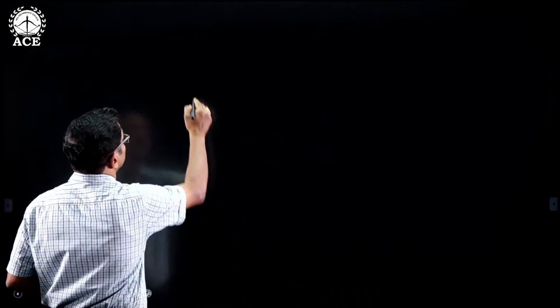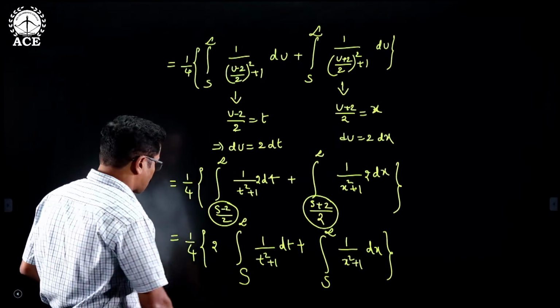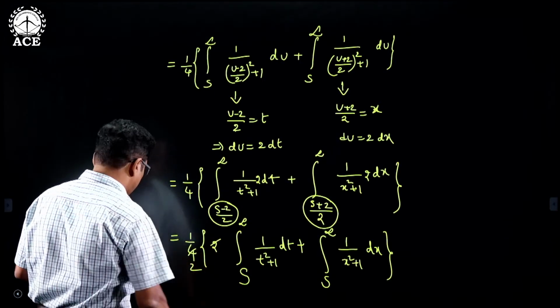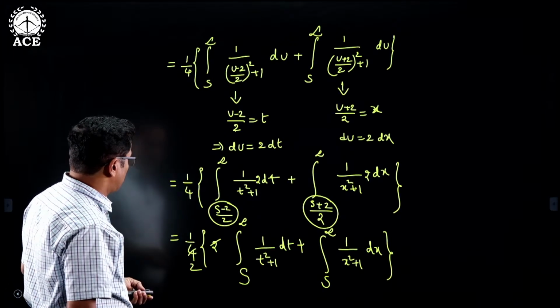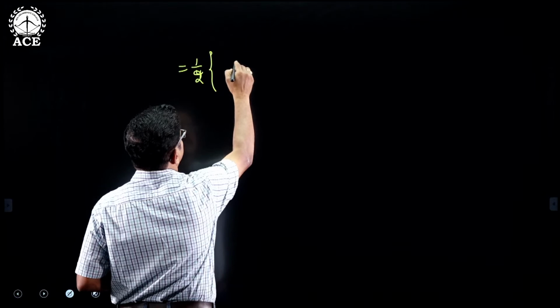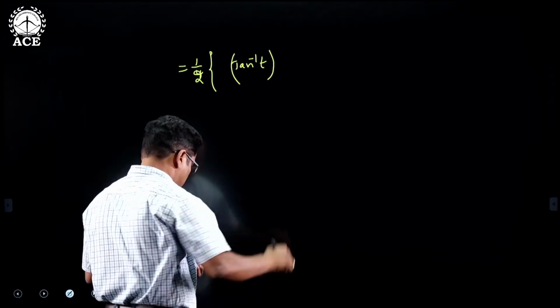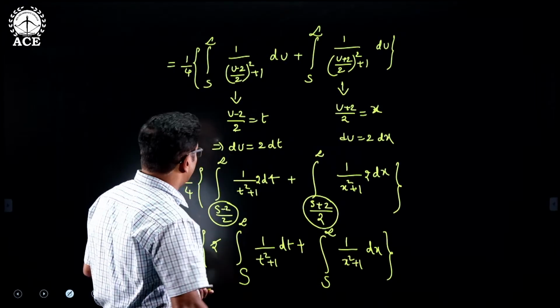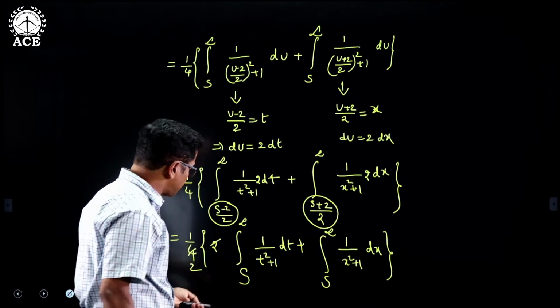Okay, so which is equal to 1 by 4, of course 2 gets cancelled, so it becomes 1 by 2. 1 by t square plus 1 integration is tan inverse t, over the limits s to infinite, where s is a function in terms of s.